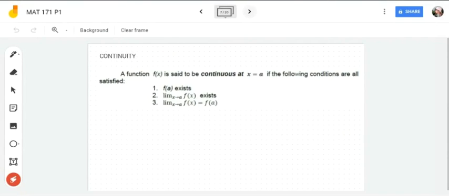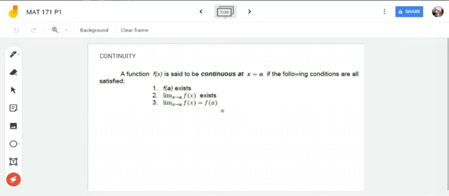It was said here that a function is said to be continuous at x is equal to a if the following conditions are all satisfied. So we have three conditions. First, f of a must exist. Also, the limit of f of x as x approaches a must exist.